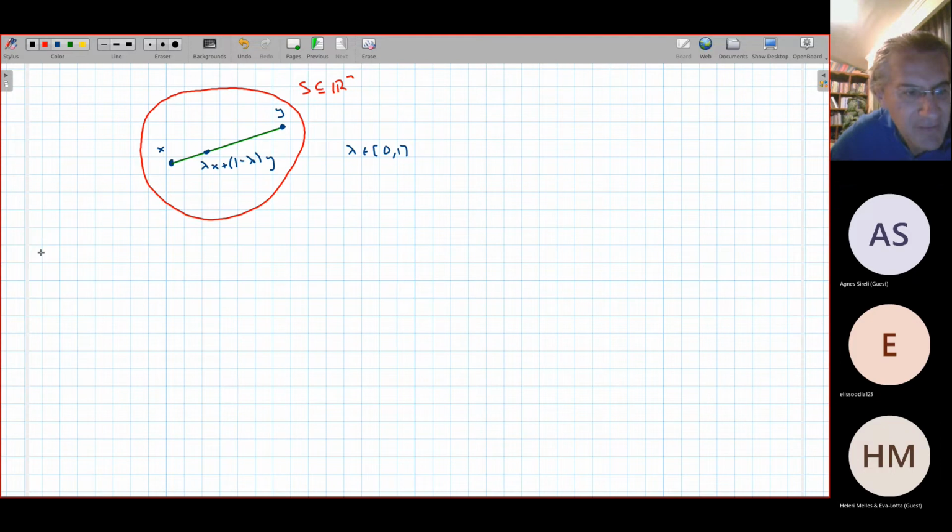And there are various examples of convex sets. One of them is this one. So you consider this set, which I'm calling D, the set of points such that its norm is less than 1.